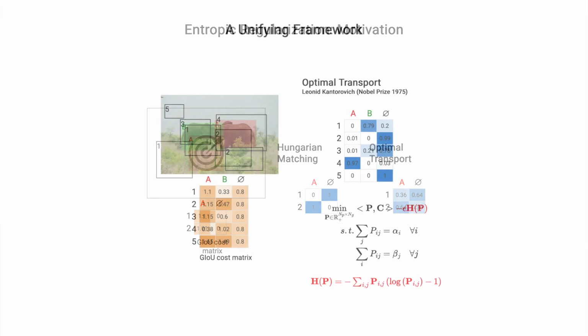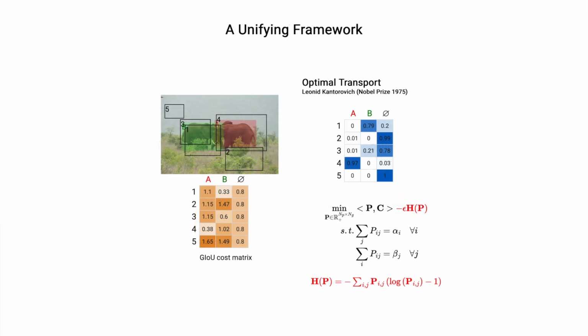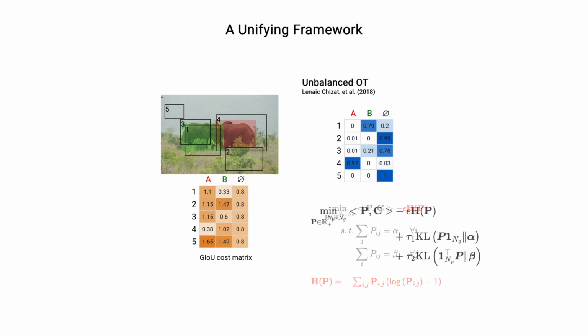Coming back to our regularized optimal transport formulation, we can also consider making our constraints softer by replacing them with a penalization term in the objective function. The row-wise and column-wise sums now must minimize a Kullback-Leibler divergence instead. When τ1 and τ2 tend to infinity, the divergence has no choice but becoming zero, hence recovering the original balanced problem.